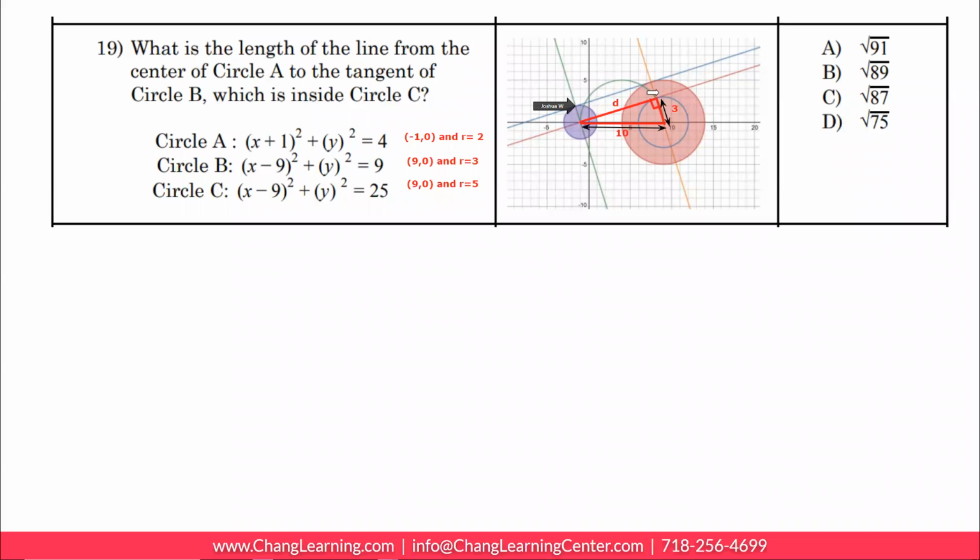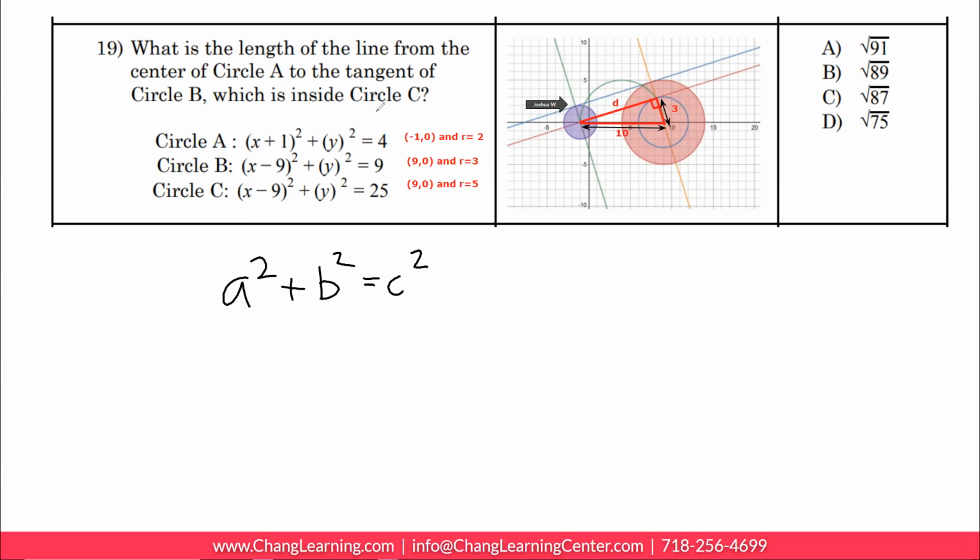So now let's find distance d, which is this distance spanning from here to here, or from here to here. Using the Pythagorean theorem, once again, we have a squared plus b squared equals c squared.